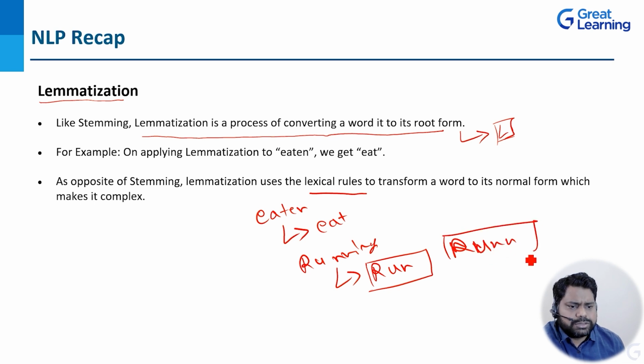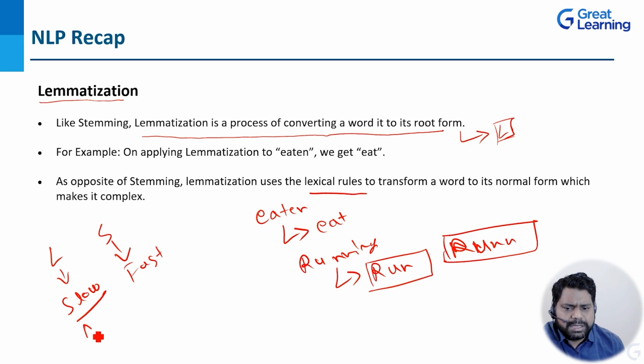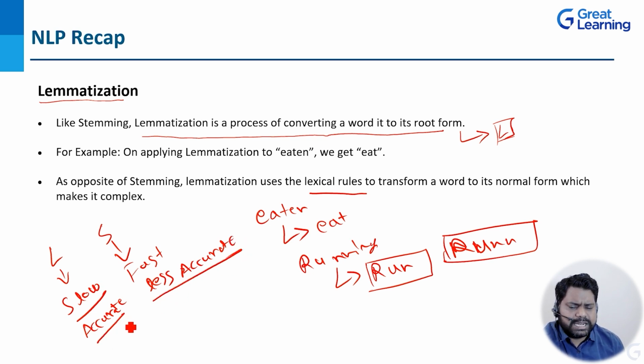So what we understood is that lemmatization is slow in nature but accurate, and stemming is fast but less accurate. Based on the use case and the data, we can take a decision and choose an appropriate operation, stemming or lemmatization.